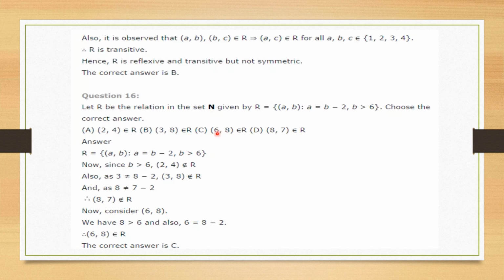For (6, 8), a is equal to b minus 2: 6 is equal to 8 minus 2. Yes, it is true. For the other one, 8 is equal to 7 minus 2? It is also not okay. So what is the correct answer? (6, 8), as only (6, 8) satisfies all the conditions. 8 is greater than 6 and 6 is equal to 8 minus 2. So option C is correct.